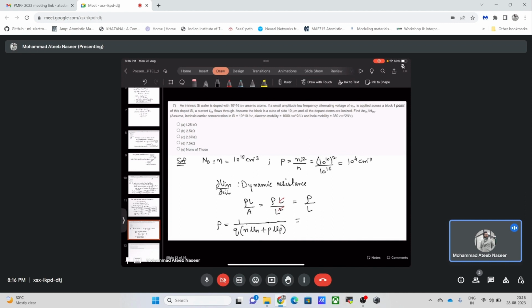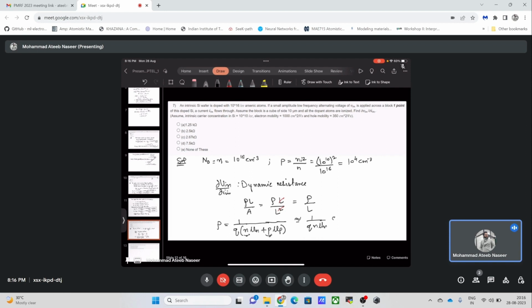But since these holes are minority carriers, p will be very less. It is 10 to the power of 4 as compared to the 10 to the power of 16. So we can approximately say that this expression reduces to q times n mu n.